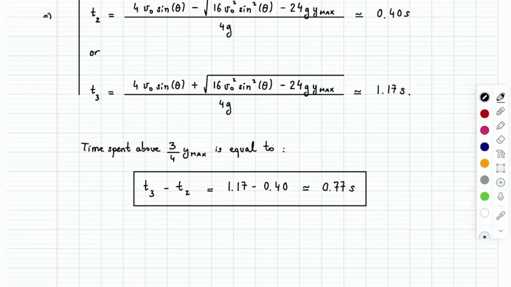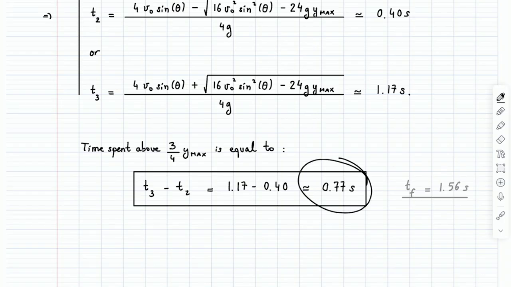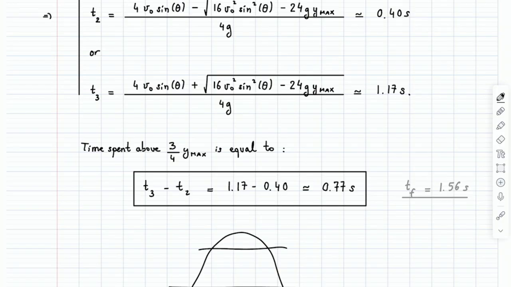Okay, now quick reminder, the total time of flight, the total time spent in the air, is 1.56 seconds. So half of the time spent in the air is spent above 3/4 of the max height, right? So half the time spent in the air is just spent in this region here.